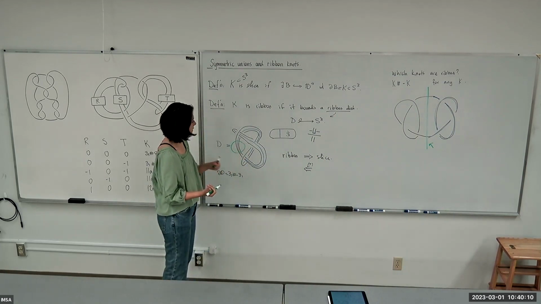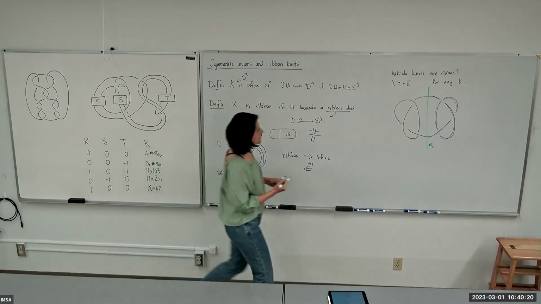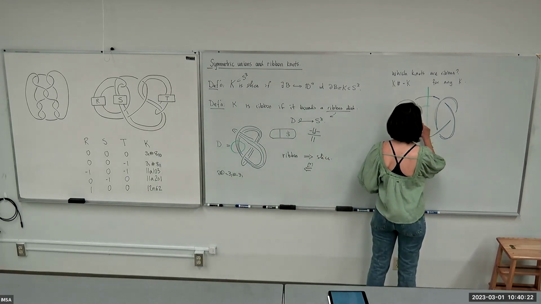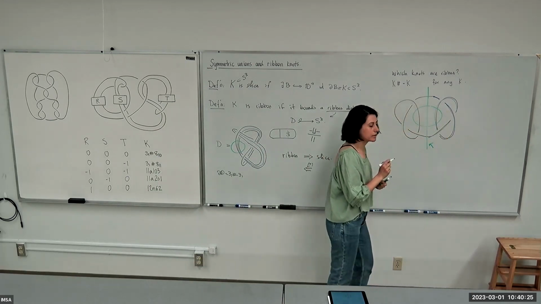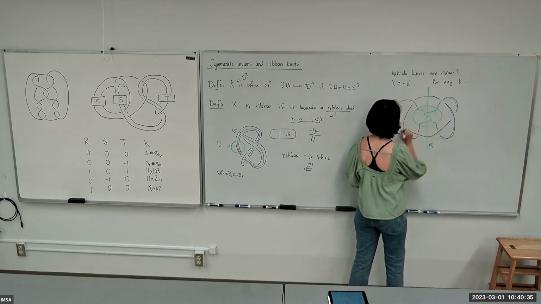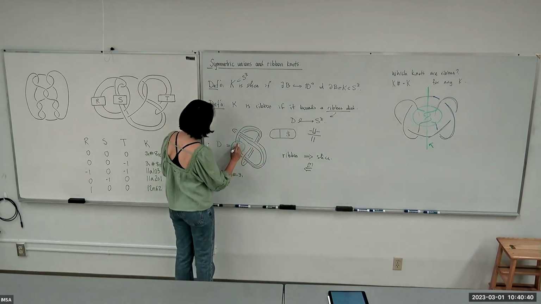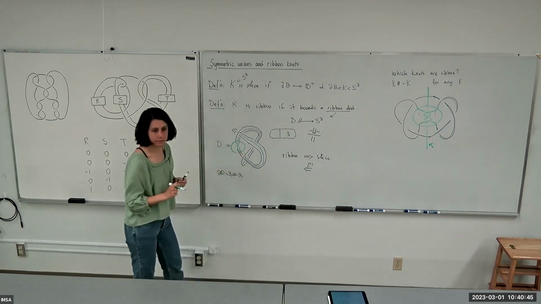That's not going to change the fact that the resulting surface is a ribbon disk. As a diagram, I can insert a vertical crossing here and still get a ribbon disk, because this only corresponds to putting a twisted band here.